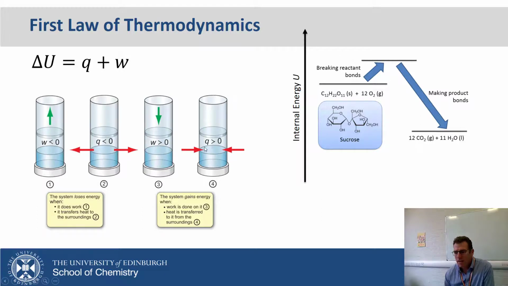Work and heat are positive if energy is entering the system. So this means now that we have another slightly more nuanced way of writing our reaction profile diagram. Now on the y-axis, as I mentioned, we can put internal energy U, and the change in internal energy here between reactants and products is very easily calculated by measuring the work lost or gained and the heat lost or gained by the system.